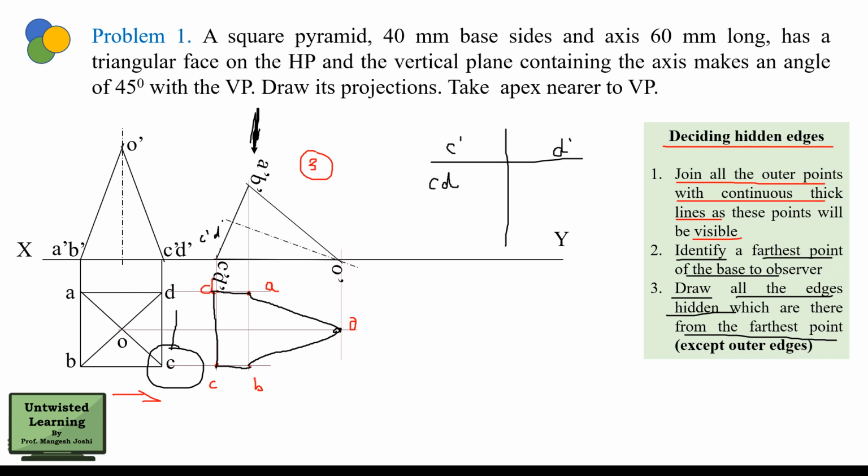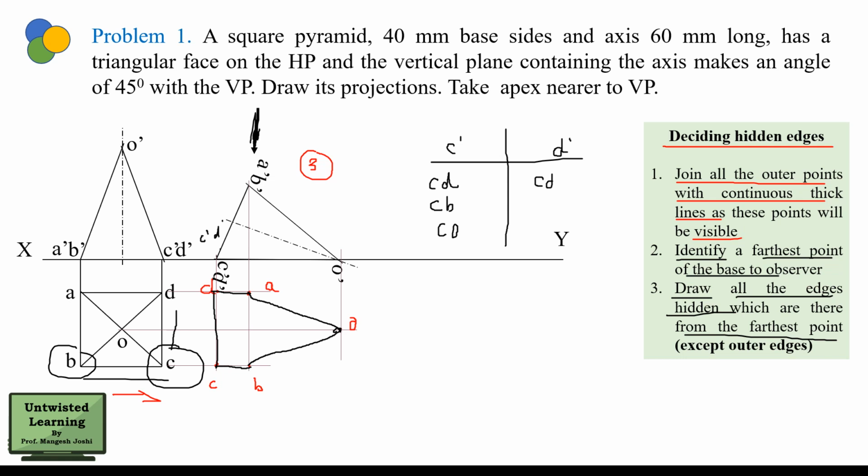Similarly you have to write it here as well, CD. Then next is CB, then CO. This is also one edge. So these are the 3 edges coming from C.